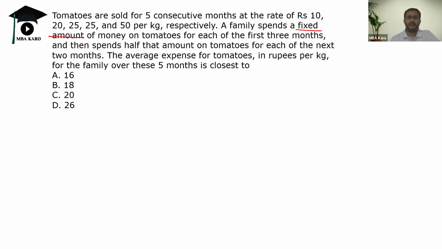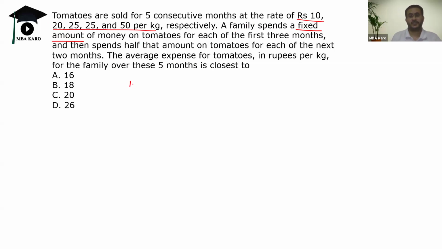So let's do one thing. Let's take the LCM of these numbers. Why? Because average is sum upon number of values. Sum is the total amount spent, right? Amount spent upon rate will give us the quantity of tomatoes purchased.